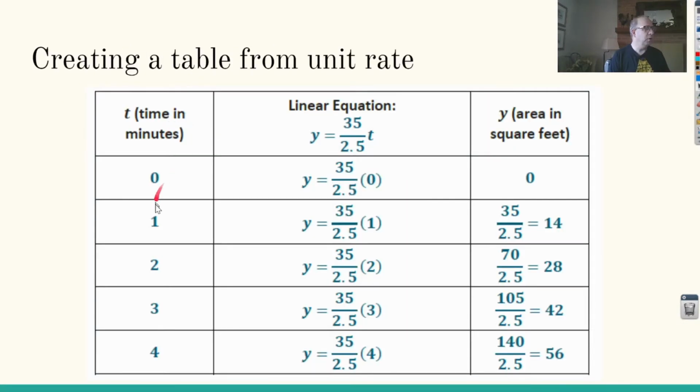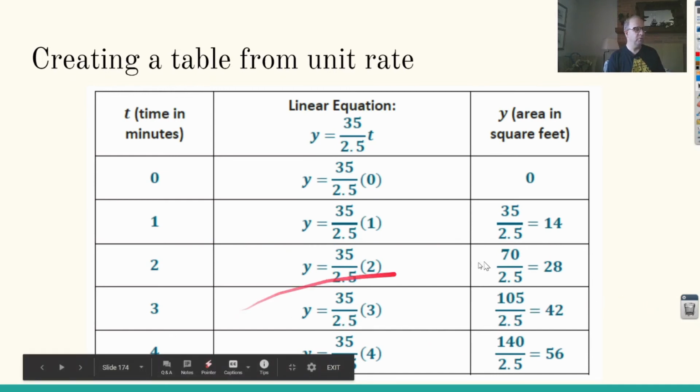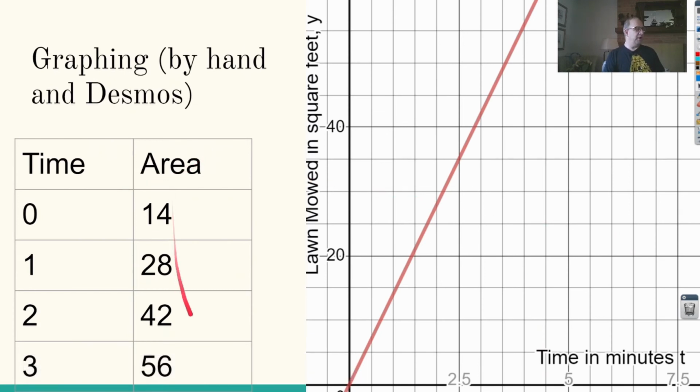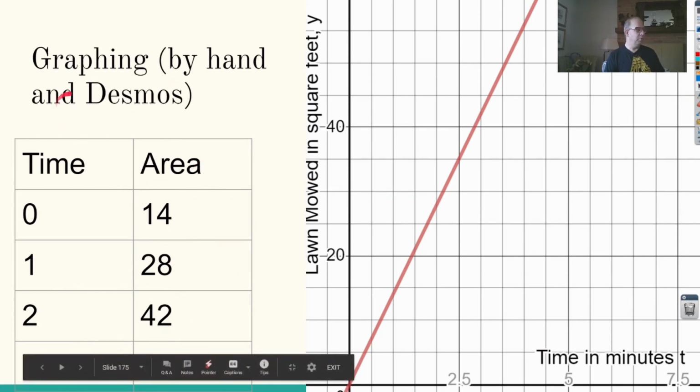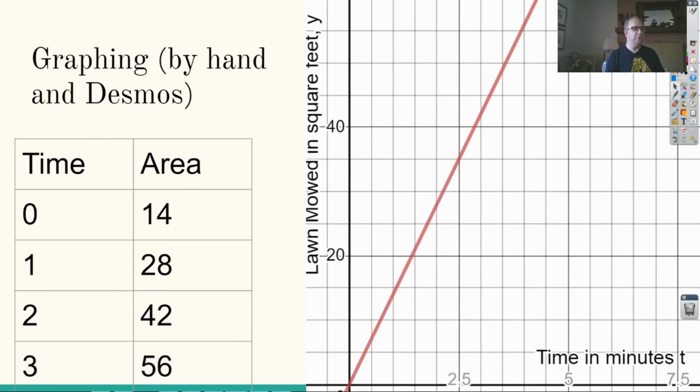All right, so our table could be right here. 0 minutes, 0 feet cut, right? Didn't cut anything. In 1 minute, 35 divided by 2.5, 14 square feet. In 2 minutes, 28 square feet. 3 minutes, 42. 4 minutes, 56. All the way up to 10 would be 140 square feet. If I graph it, if I put the equation that we just did in Desmos, distance y equals x times 14.